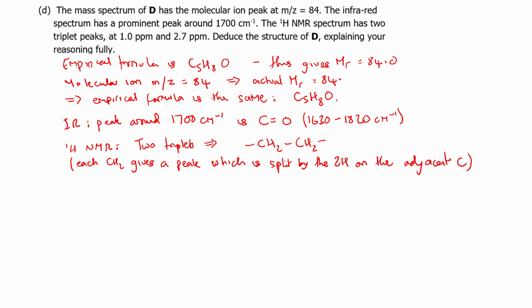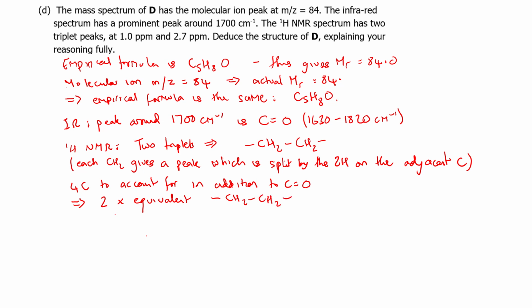In other words, we can say that there are 4 carbons to account for in addition to C double bond O. And the only way we can comfortably do that is to say that there must be two equivalent CH2 units in the molecule.